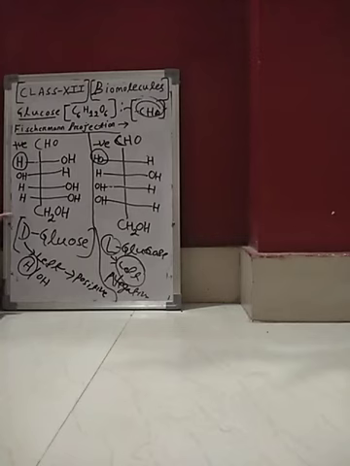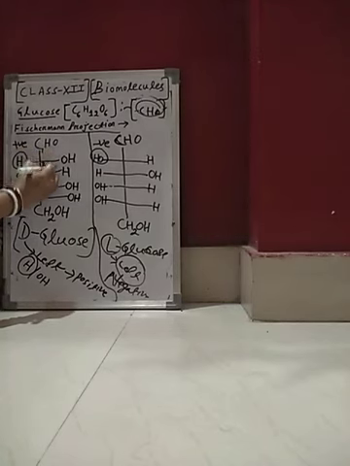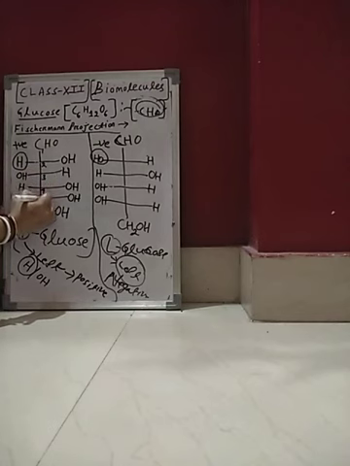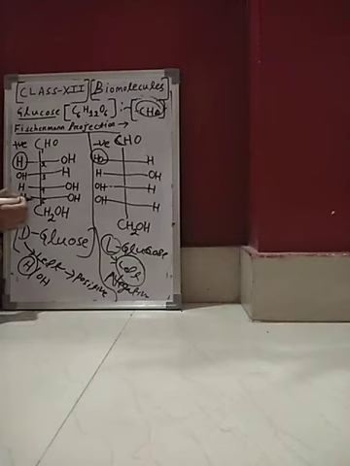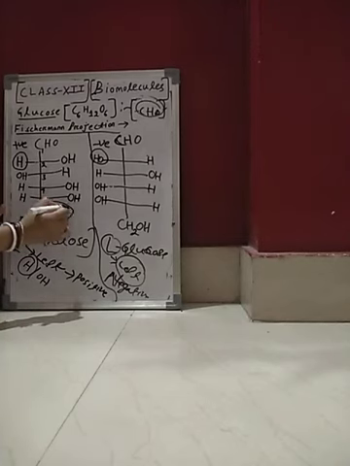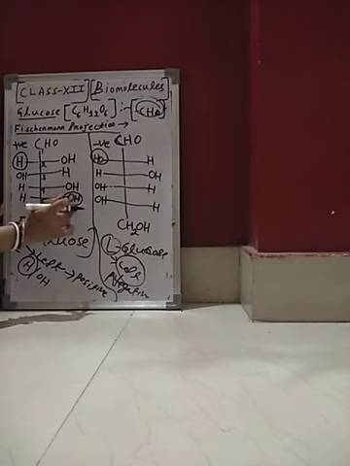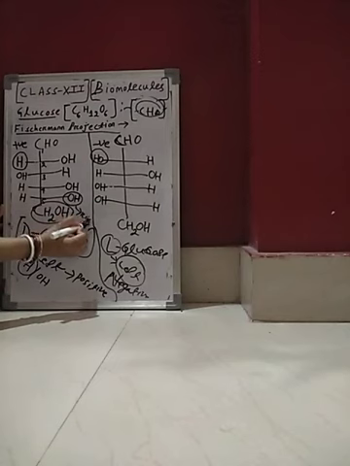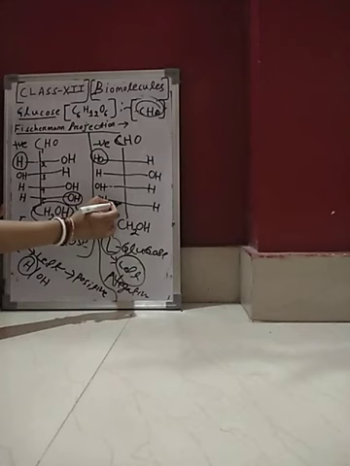Or otherwise you can remember it like this: if I number this 1, 2, 3, 4 and 5, at the 5 position, near the CH2OH group, if the OH is present on the right side, then it is D-glucose.